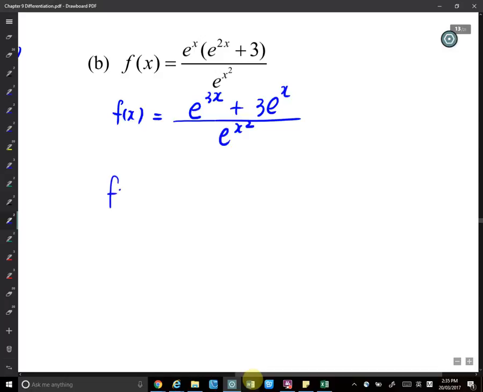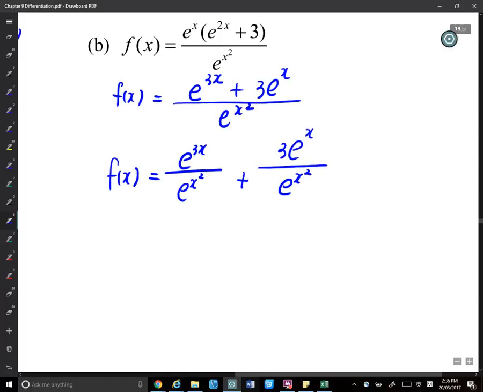So what I will do later, I'll do e to the power of 3x over e to the power of x squared plus 3e to the power of x over e to the power of x squared. Okay, separate them and divide them individually. Then that will give you, because you divide them, you will subtract the power.